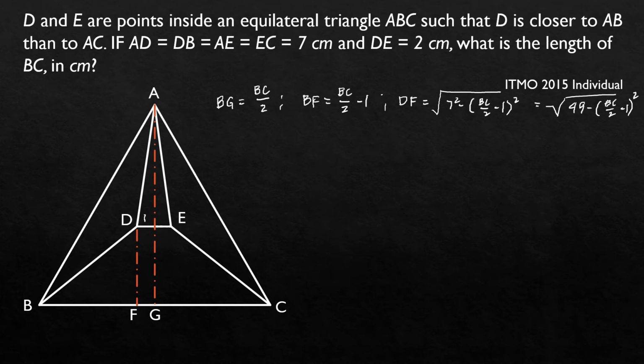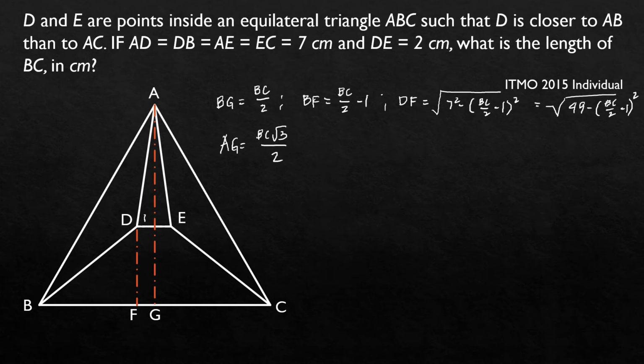Each angle of the equilateral triangle is 60 degrees. Then the measure of angle BAG is 30 degrees. And since AB is equal to BC, then BG is BC over 2. Therefore, AG is BC times the square root of 3 over 2.